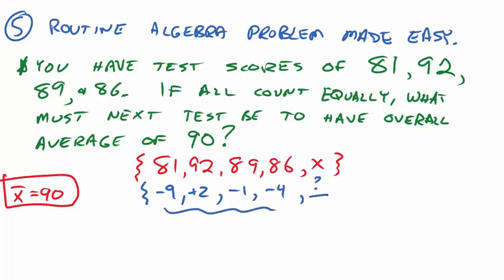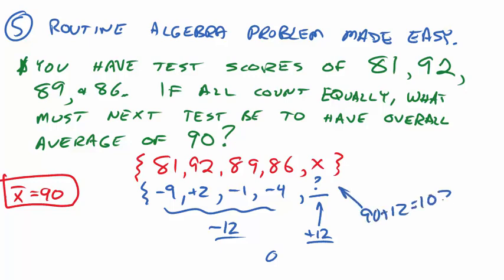But what I can know is so far my residuals are minus 7, minus 8, minus 12. So whatever this guy is has to be 12 above so that I get a total sum of residuals of 0.